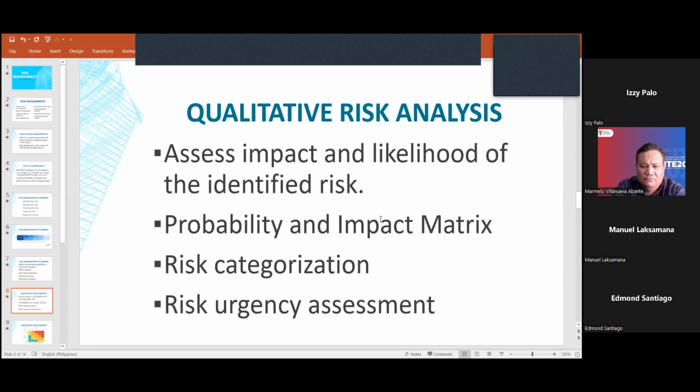Results are then recorded in a risk assessment matrix, or the probability and impact matrix, or any other graphical report, in order to communicate outstanding hazards to the stakeholders and the project managers.